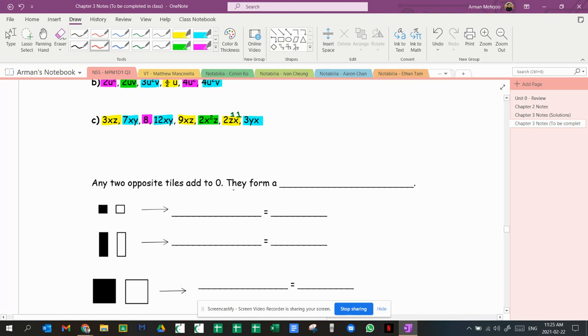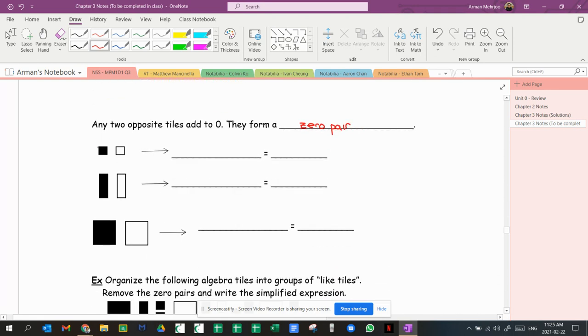Any two opposite tiles add to 0. They form something called a zero pair. So for example, if I look at the algebra blocks that are provided to me, it looks like I have a positive 1 being added up with a negative 1. Now positive 1 plus negative 1 equals 0.